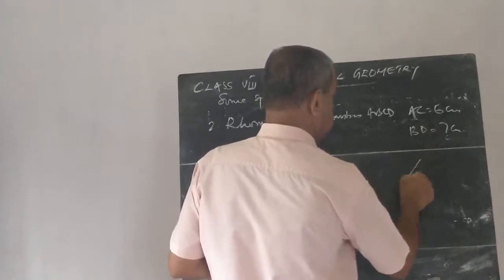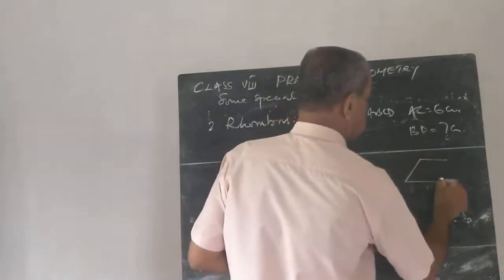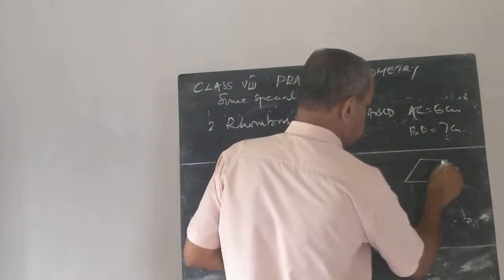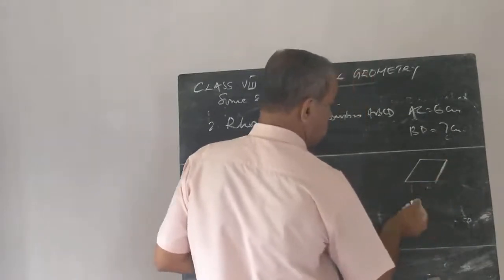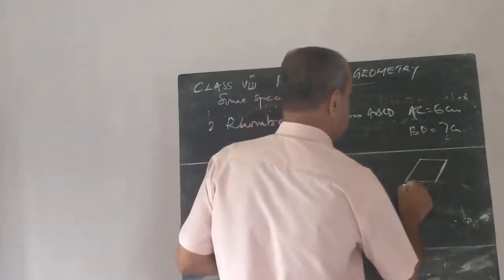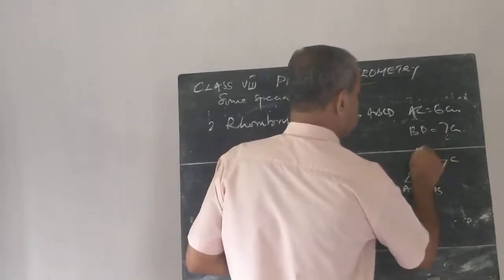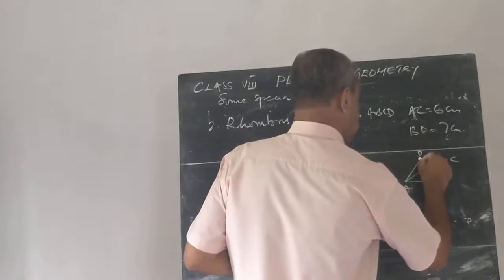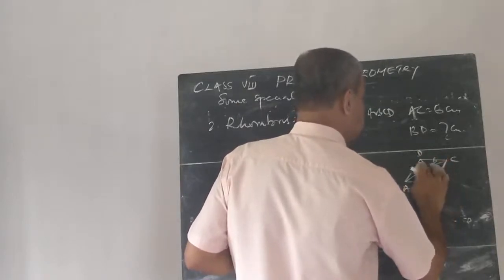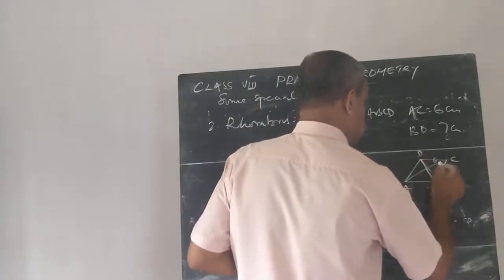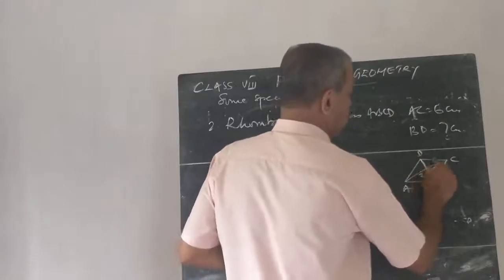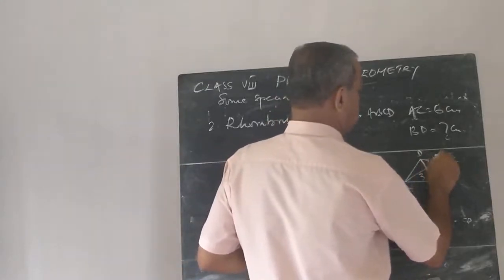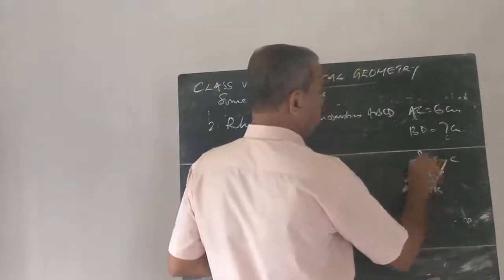Rhombus. All the sides are equal. It's a parallelogram with all sides equal. Here diagonals AC 6, BD 7. That means 3, 3, 3.5, 3.5, perpendicular.